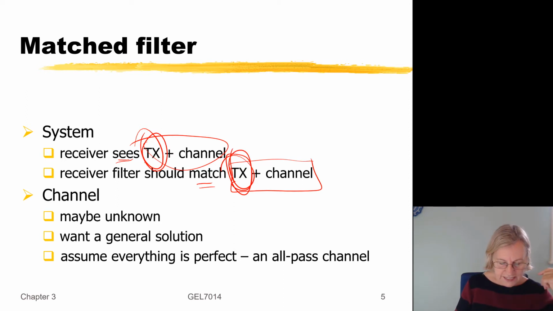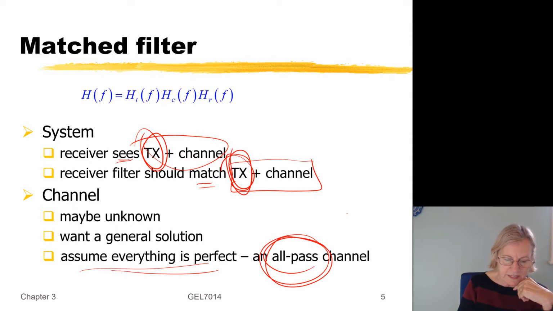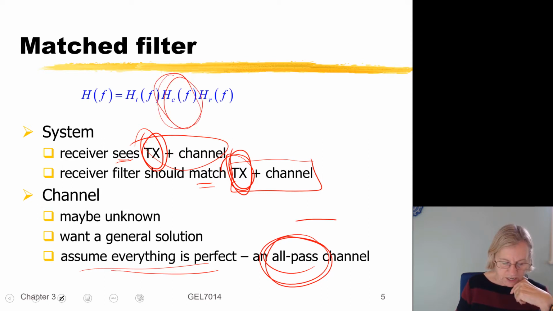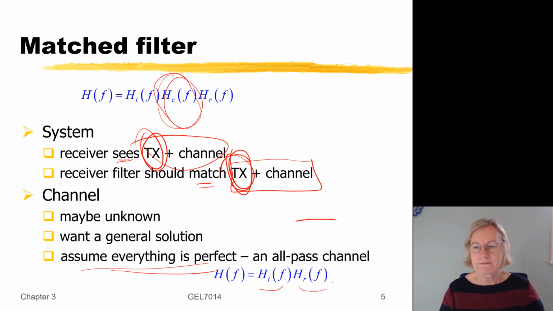In this case, we're assuming that everything is perfect, that we have essentially an all-pass channel. Because what does an all-pass channel mean? Well, an all-pass channel would mean that this H_c would just be equal to 1. And so we would just have the transmit and the receive. Okay, so I just want to clarify that. It's mentioned in the textbook, and in different parts of your experience, you may see where the channel is included, like when we're doing equalizers.